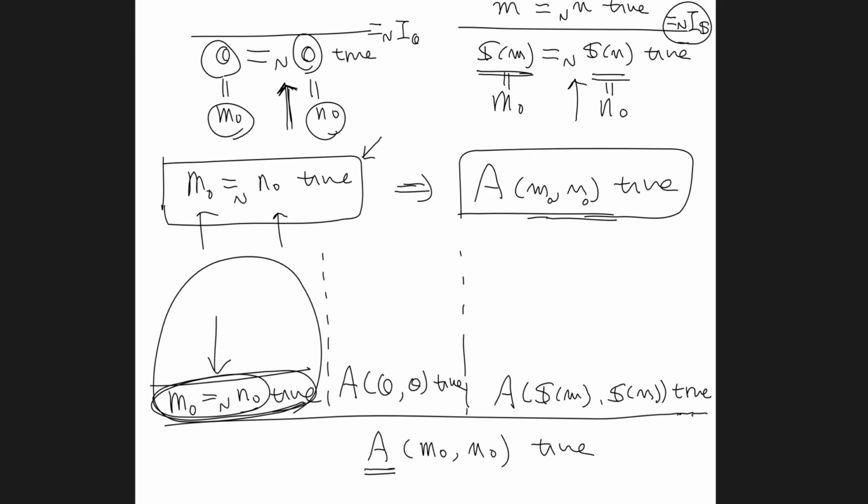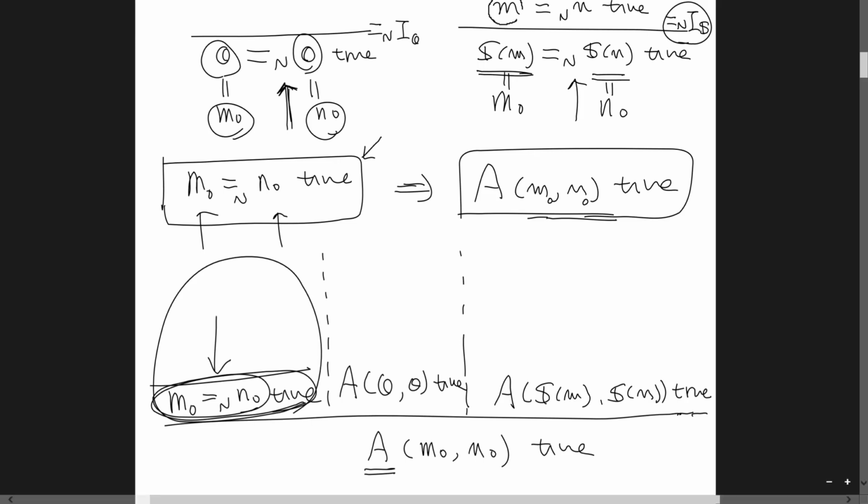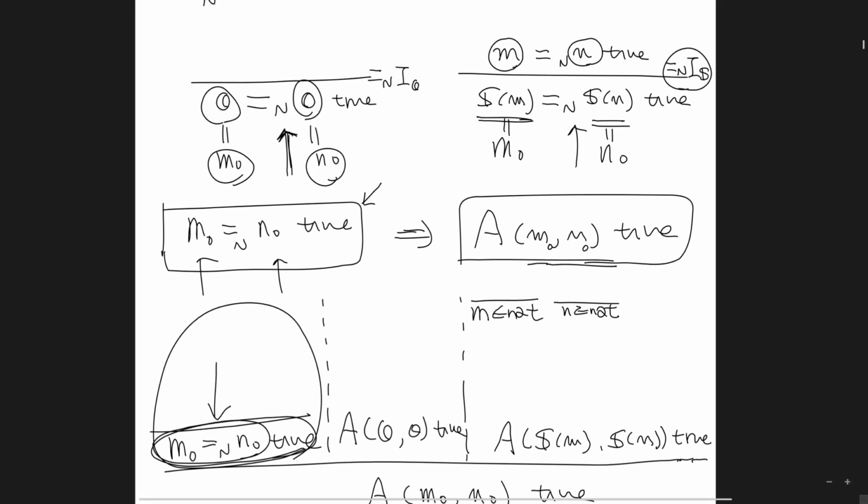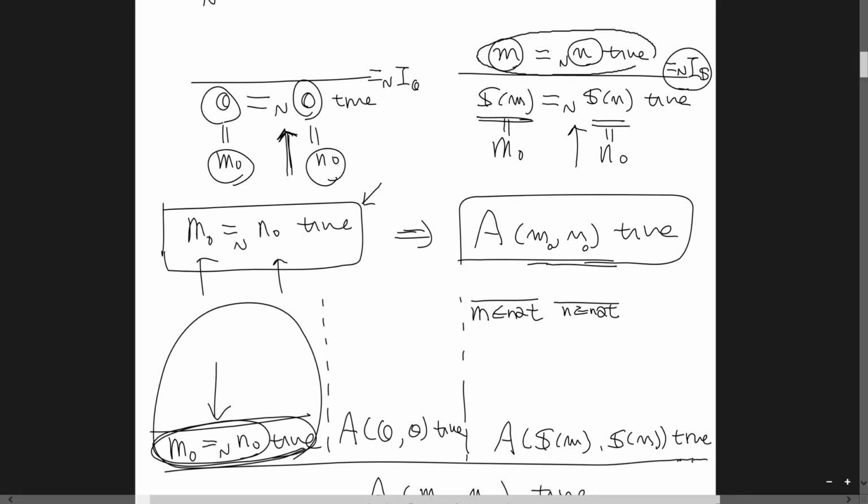First, we know that these two terms m and n are natural numbers. Suppose m, n are natural numbers. Next, we know that this is true because the assumption is the last inference rule in the proof of this judgment is this one.